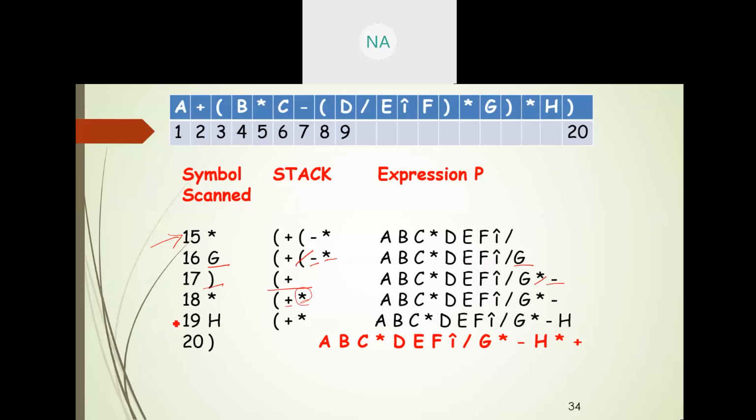The next symbol H is an operand, so H will be added to expression P. Next symbol is the right parenthesis. When a right parenthesis is encountered, you pop the operator and add that operator to P, and this step is executed until you find a left parenthesis.